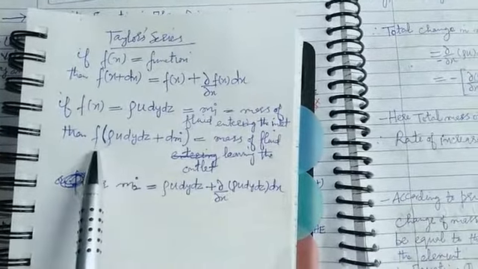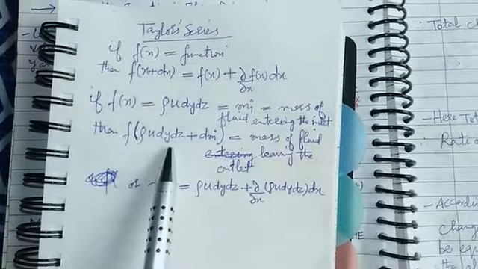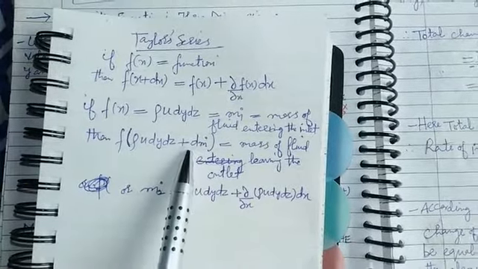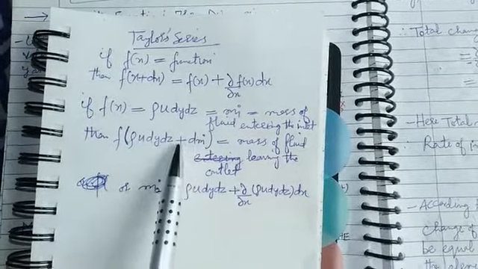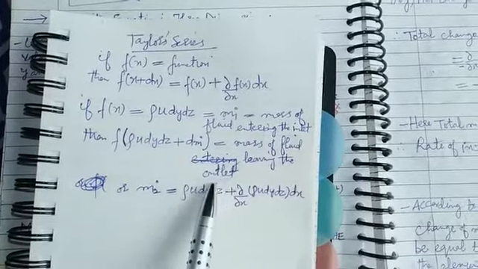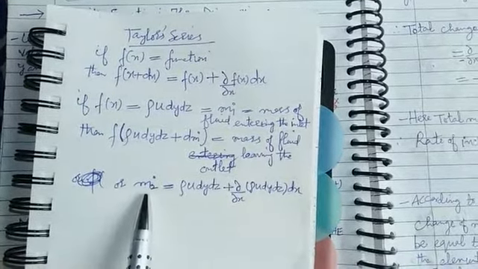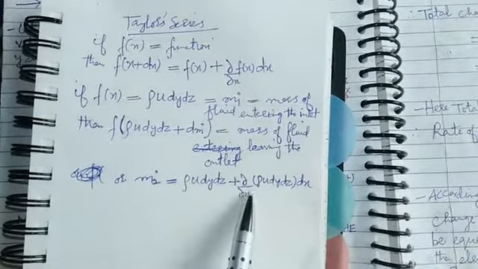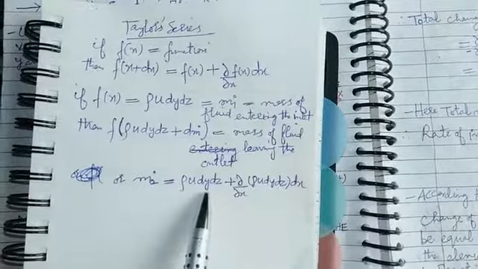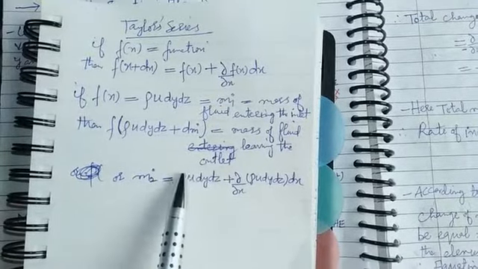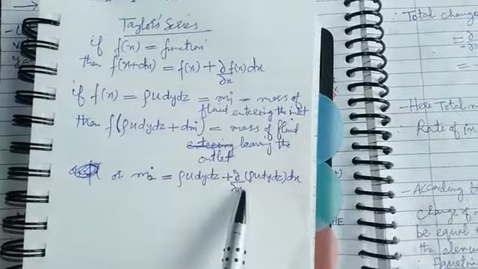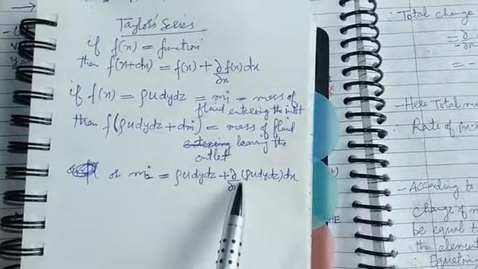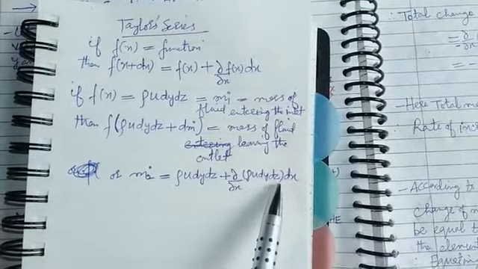then we can say that f of x plus dx is rho u dy dz plus dm, that means the extra mass gained by the fluid at the outlet, and that will be equal to the mass of the fluid leaving the outlet. So in simple words, we can say that the mass flow rate at outlet is equal to rho u dy dz plus dou by dou x of rho u dy dz into dx. The first part represents the mass flow rate at inlet, and this is the extra mass gained by the fluid at outlet.